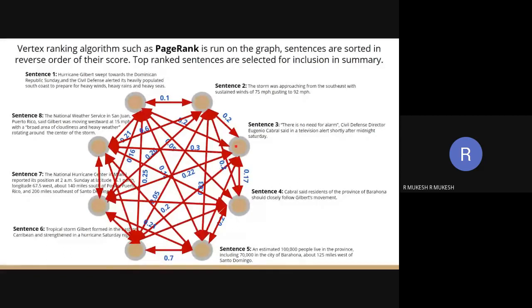Someone important is talking about this web page, someone else important is talking about it, so this one is important. Now this one is talking about another, and being an important sentence, that one becomes important. It's a recursive definition. And you get PageRank scores, which tell us how important each sentence is for the document, and we sort the sentences and take the highest ranked sentences as the set of summary sentences for the document.